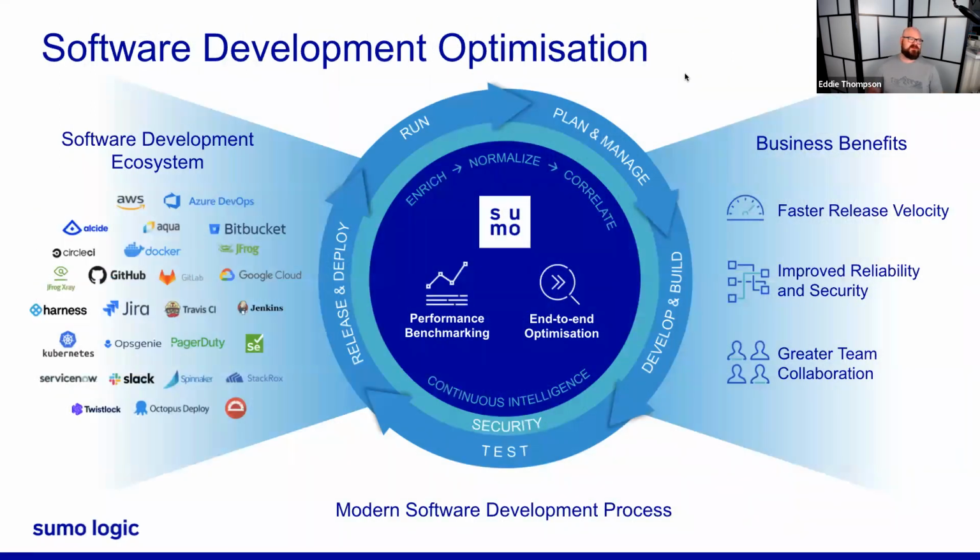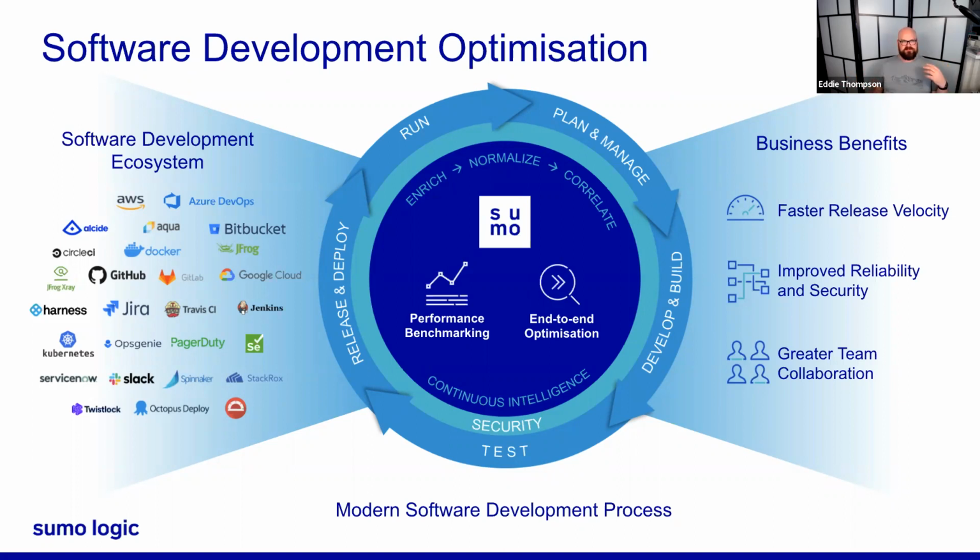The software development ecosystem has become hugely more broad and complex. There are so many different toolchain providers, infrastructure providers, CI/CD providers, cloud providers, all interconnected, doing different things.